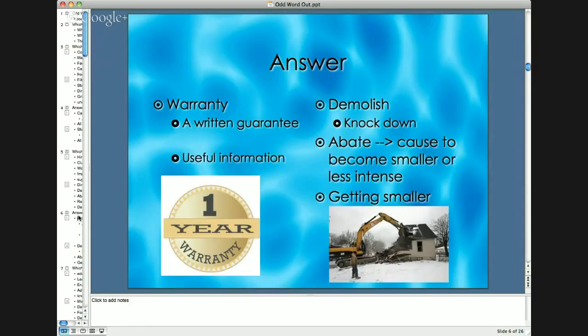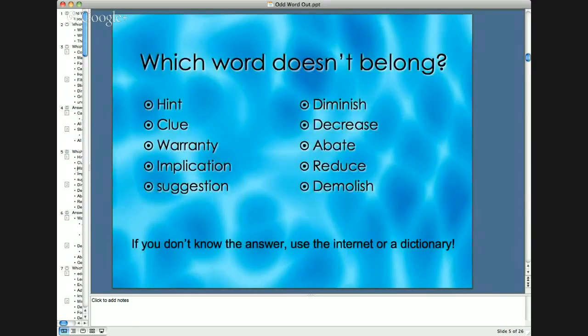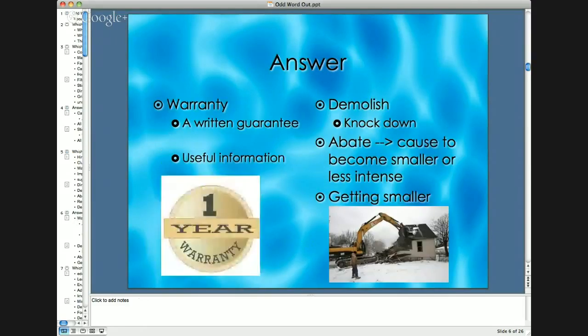This means to knock down. Abate might be a new word. This means to cause to become smaller or less intense. All the other words, besides demolish, have to do with getting smaller. Diminish, decrease, reduce, abate. Excellent. Let's keep going.